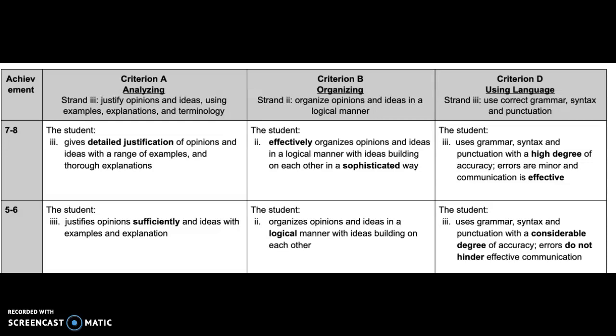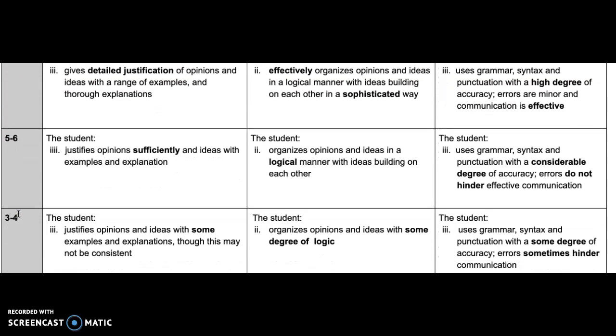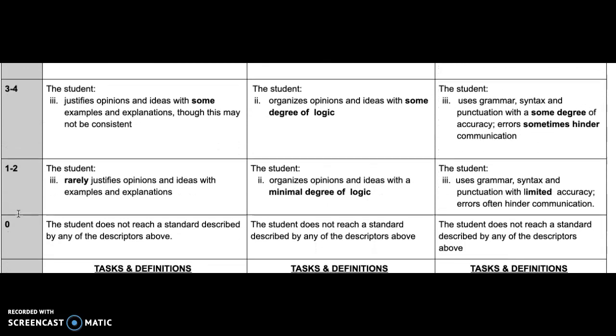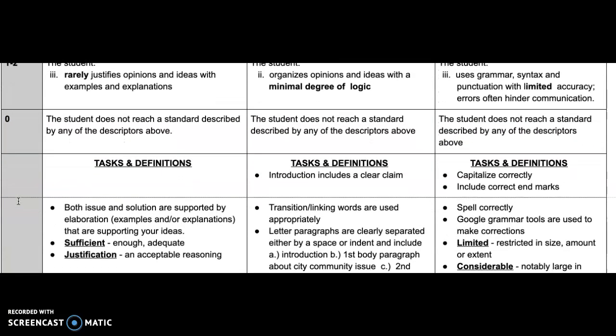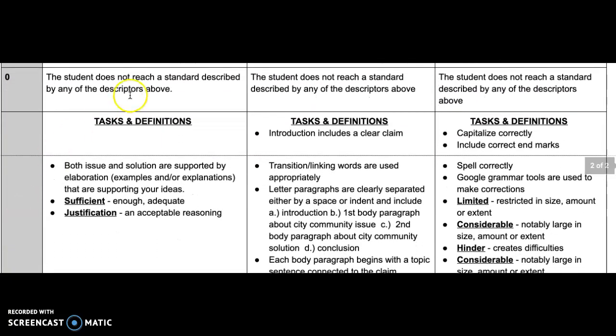Now, for IB, you'll see along the side you have a scale of 7, 8 in this first box, which would be the highest, 5, 6, and then it goes down 3, 4, 1, 2, and 0 means you basically did not turn this in. And then down below, you'll see the tasks and definitions.